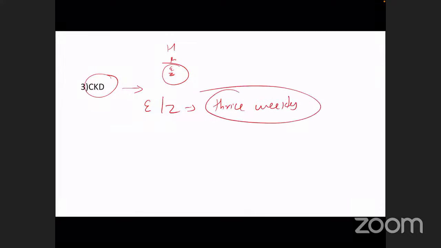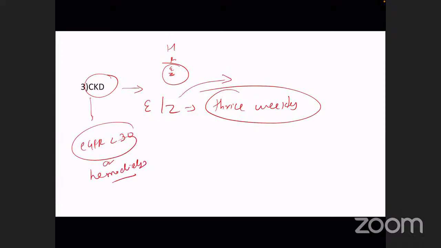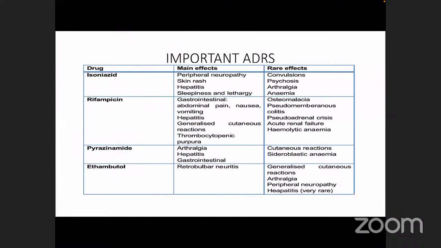Initially you are giving the once a day dose, now it changes to thrice weekly, only for those who have eGFR less than 30 or are on hemodialysis. For more than 30, you don't need any change in the dose of the drugs. For eGFR less than 30 or patients on hemodialysis, the change is required only for ethambutol and pyrazinamide.